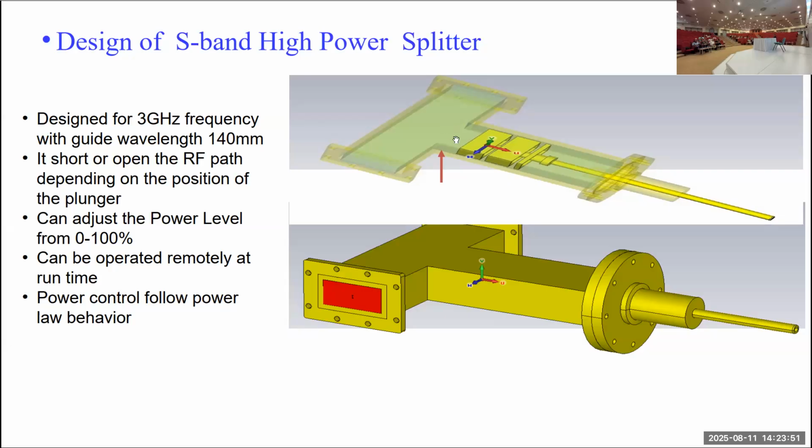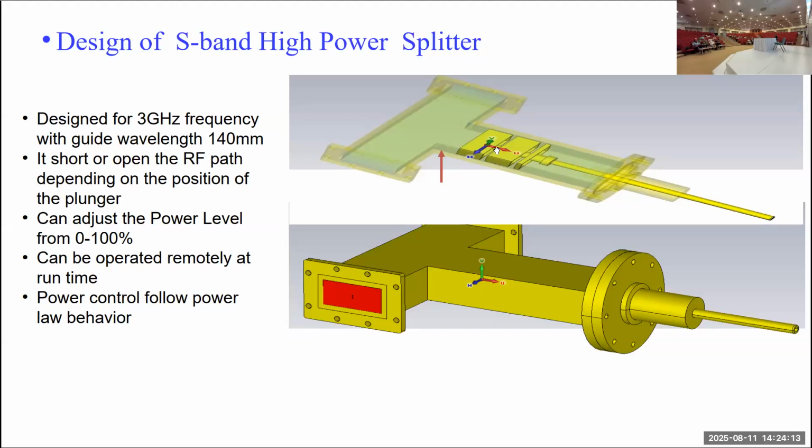But if this shunt is pulled back, a fraction of power is reflected back, and that fraction depends on where your plunger is.